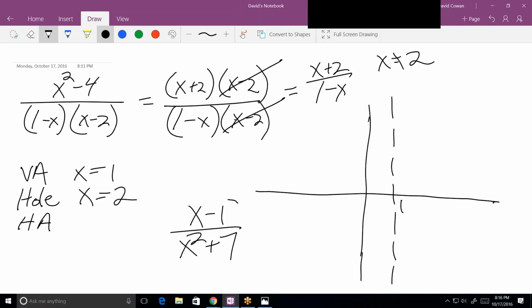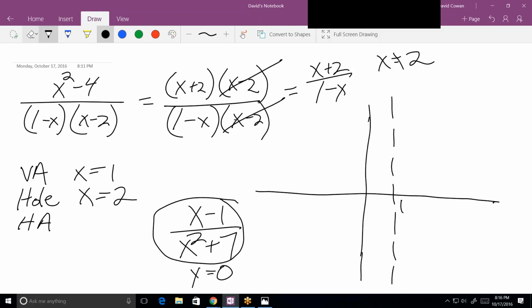Yes. As long as that is the case, you have a horizontal asymptote at y equals 0. The x-axis is your horizontal asymptote. And it doesn't matter if this was x to the third, as long as the highest degree in the denominator is bigger than the highest degree in the numerator, your horizontal asymptote is y equals 0.